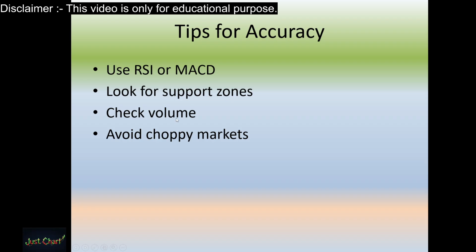Check for the volume and avoid a choppy market. In a choppy market, there is a chance you can end up with a false breakout or false confirmation, so it's better to avoid the choppy market.